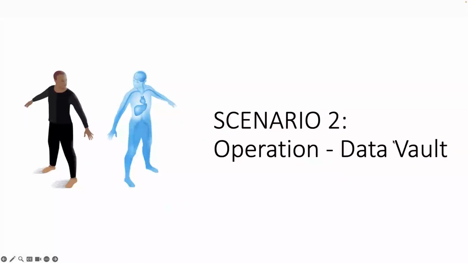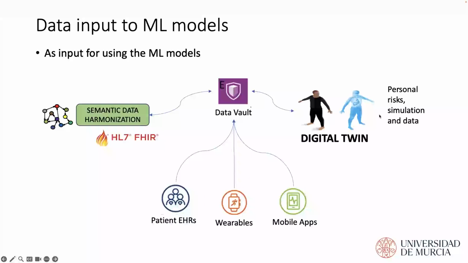Finally, in the second scenario, data is used as input to the digital twin. In this case, data from EHRs, wearables, and mobile apps such as patient diaries are securely stored in the data vault and then are later harmonized using our approach.